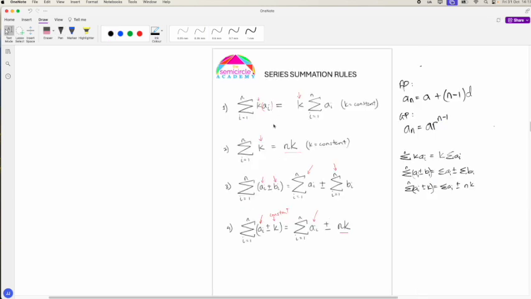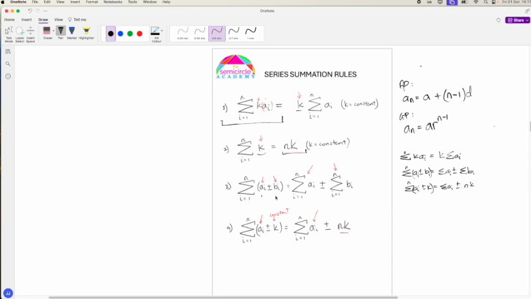Now then we had learned about these summation rules here, and pay specific attention to these three. When you multiply the sequence by a constant, the constant can come on the outside. If you have just a constant, it will be n times the constant.